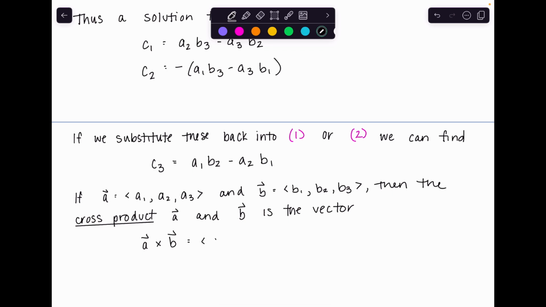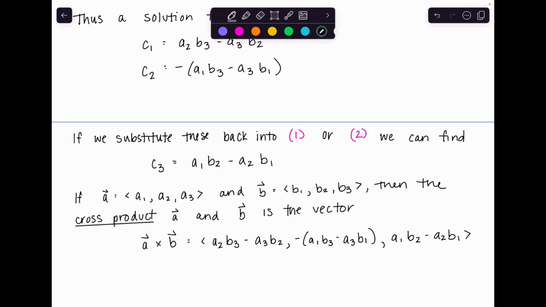So the first component is A2, B3 minus A3, B2. The second component is negative A1, B3 minus A3, B1. And the third component is A1, B2 minus A2, B1.